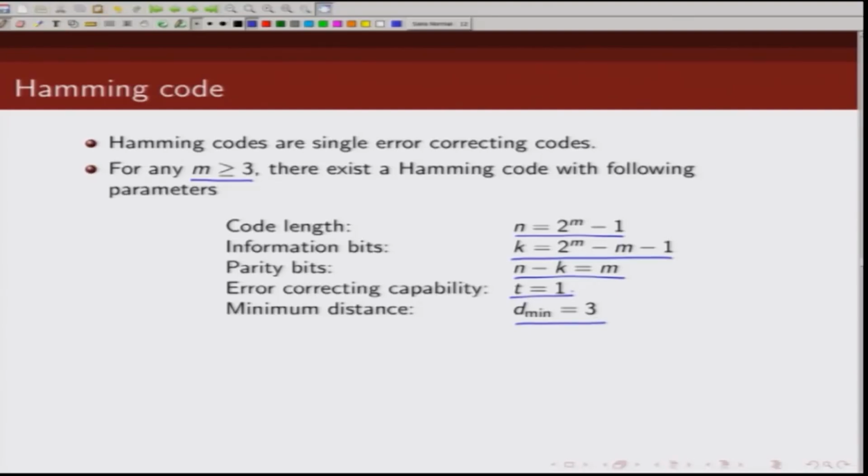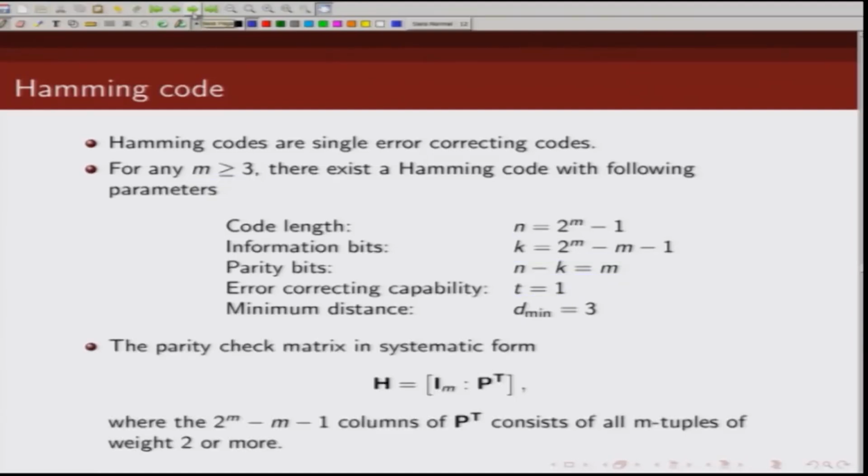So, how do we describe Hamming code? We can describe the Hamming code by generator matrix or the parity check matrix. So, a parity check matrix of a Hamming code consists of all non-zero m tuples. If the number of parity bits, as I said, is m, then code word length is 2 raised to the power m minus 1 and the entries in the parity check matrix are all non-zero m tuples. Now, how many m tuples do we have?